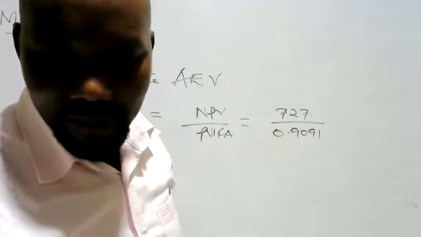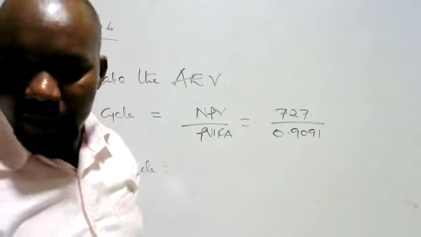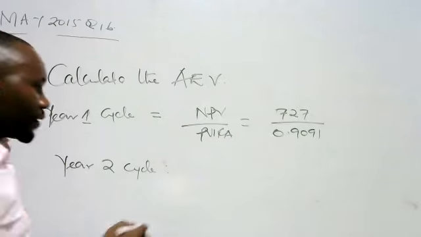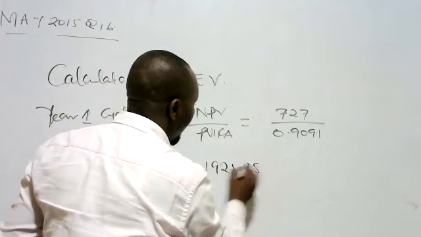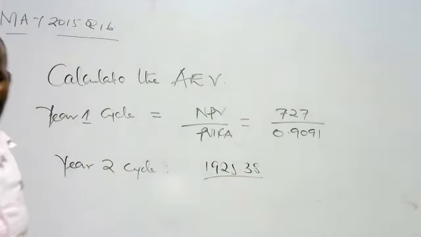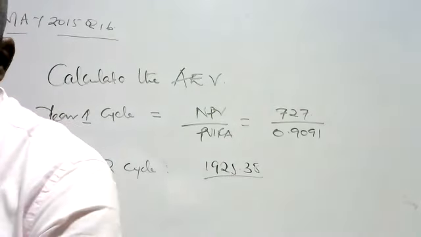1925.38. So we have here 1925.38. Get me PV for year two.